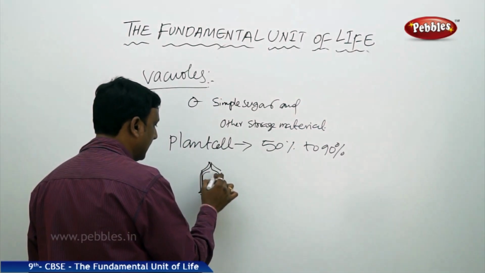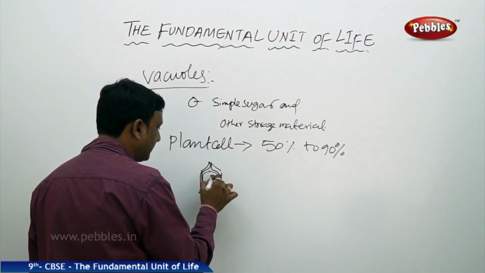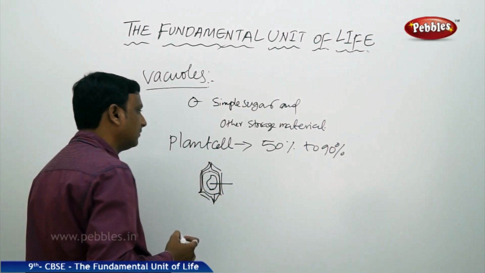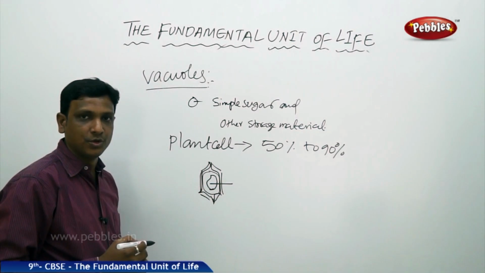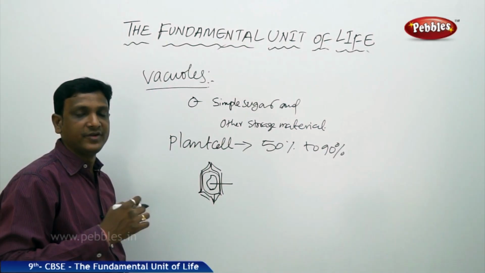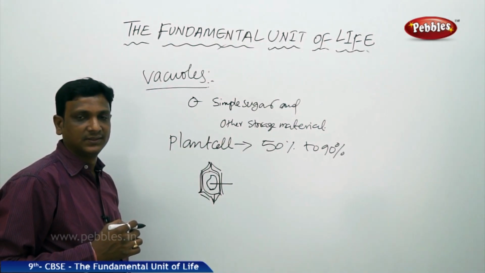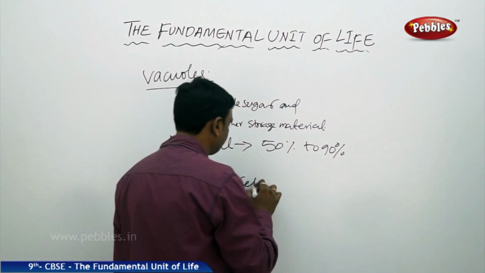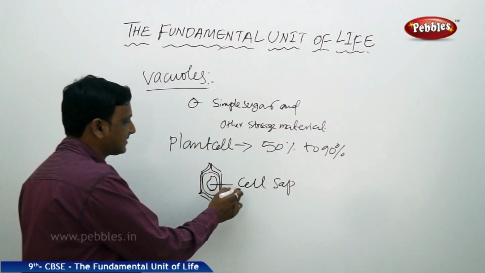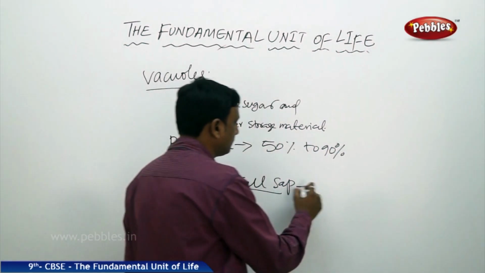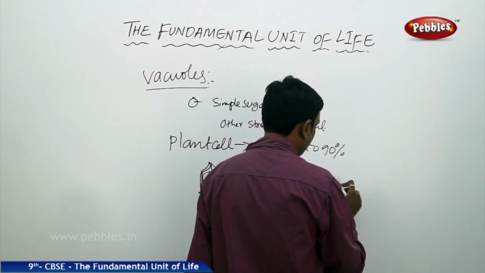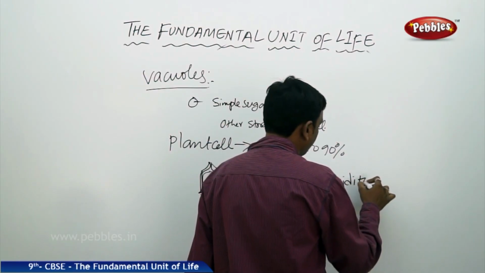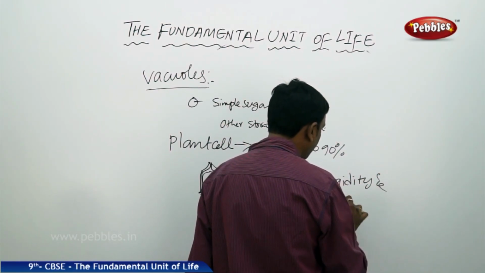If this is the cell, it may contain this much size of vacuole which is occupying more than 50% of the space. In most of the cases, the vacuoles are filled by cell sap, which gives turgidity and rigidity to the cell.